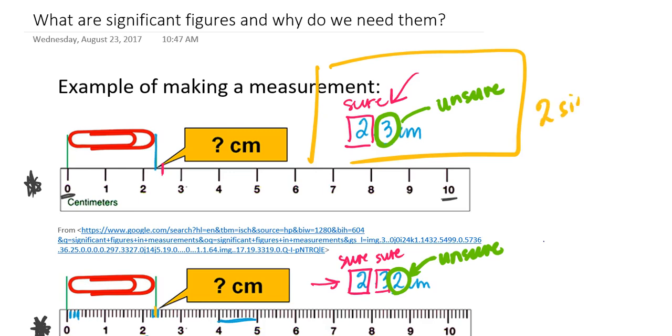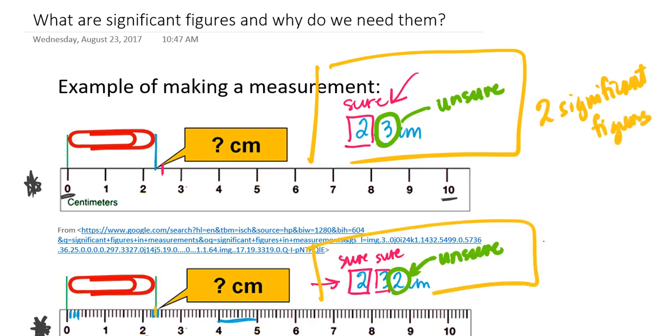So that means there are 2 significant figures. The measurement that I carried out with the bottom ruler, however, has 2 sure digits and 1 unsure digit. And so that would mean that there are 3 significant figures in this measurement.